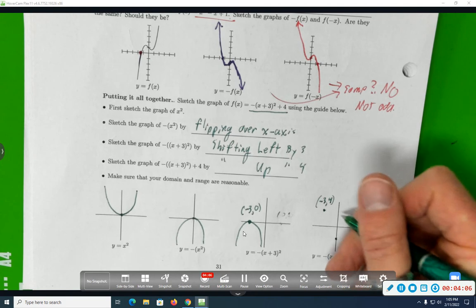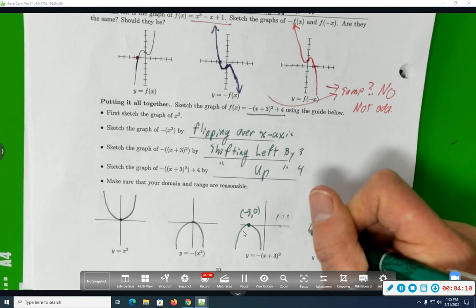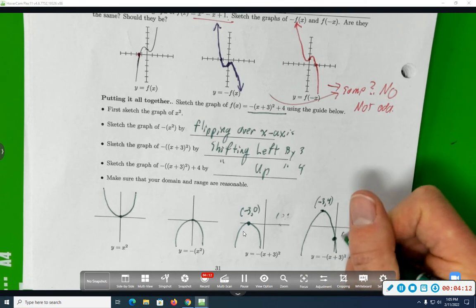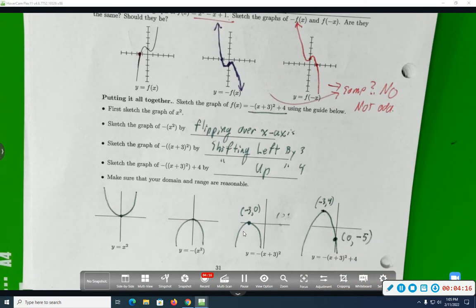I'll have negative y-intercept, so it'll look something like that. Maybe I can even label it 0, minus 5. It didn't ask to do that, but it's nice to at least know whether you hit the axes in about the right places. That example feel pretty okay?